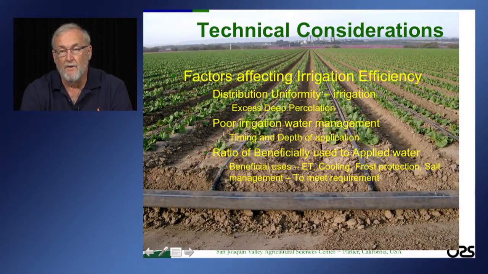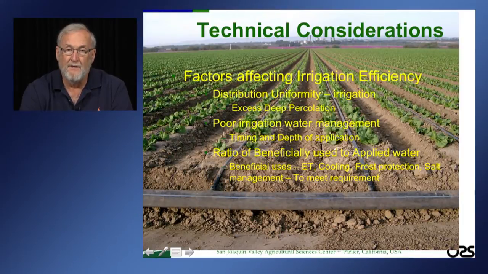The other term, and I brought this up earlier, is this idea of the ratio of beneficially used water to applied water. Now, in 100% irrigation efficiency, you would be providing just exactly the correct amount of water to replenish the ETo.